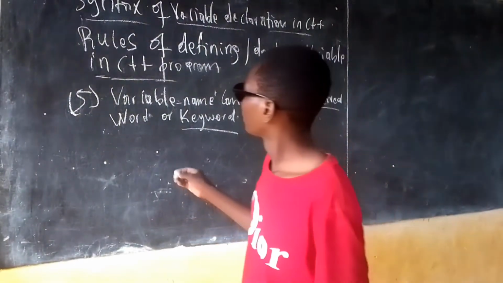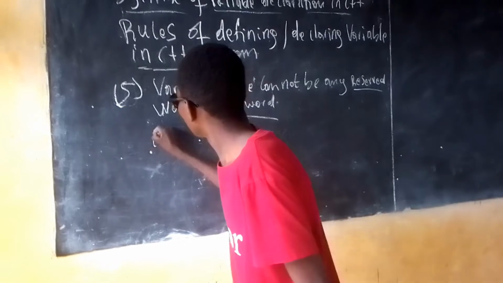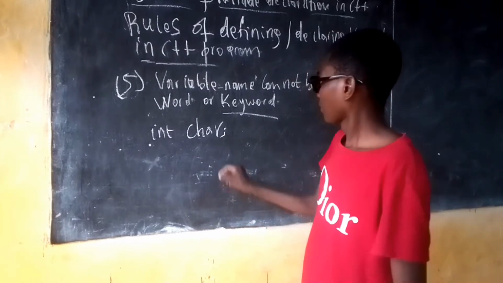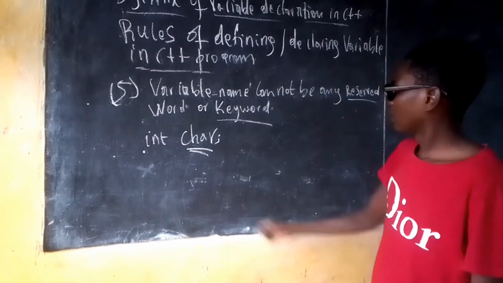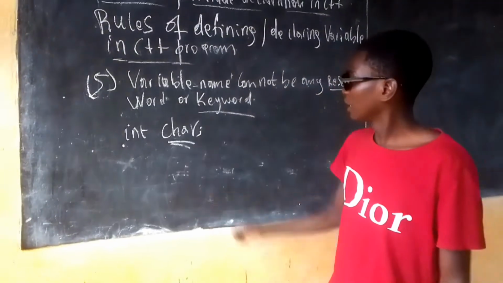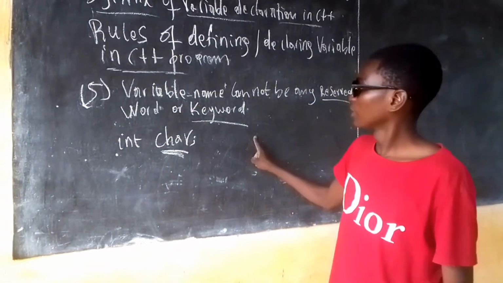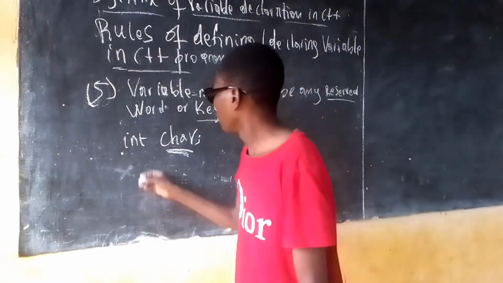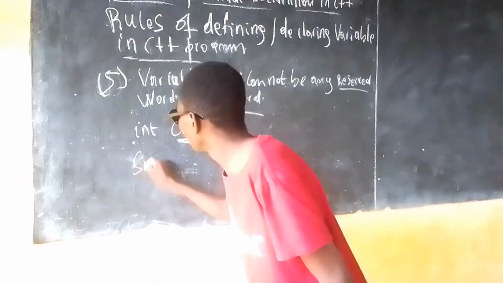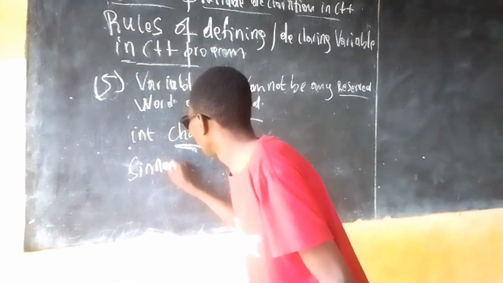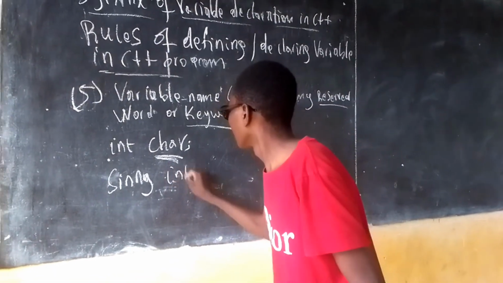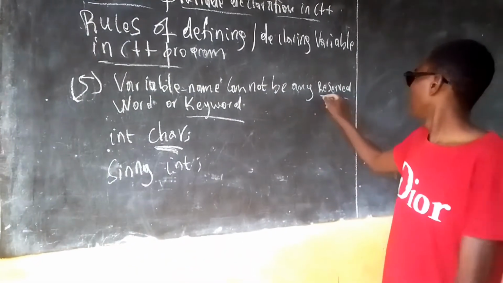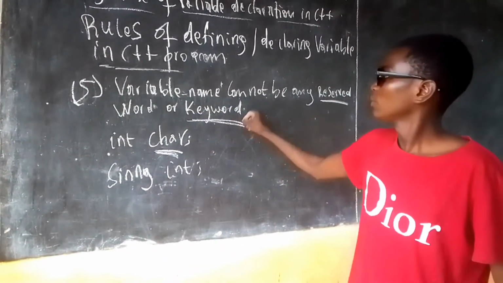For example, you can't declare a variable like int type. It has a specific meaning in programming, so you can't declare a variable like this, or like string int. This is impossible. So a variable name cannot be a reserved word or keyword.